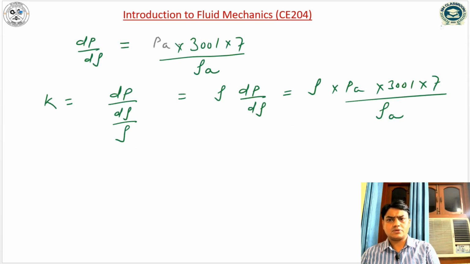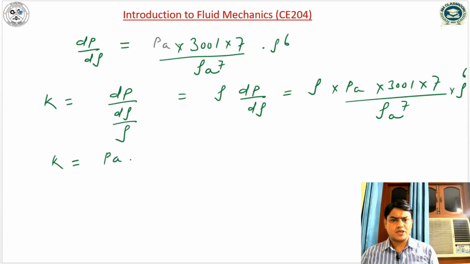We have one rho A to the power 7 into rho to the power 6 into rho. So K can be written as PA into 3001 into 7 into rho by rho A to the power 7.